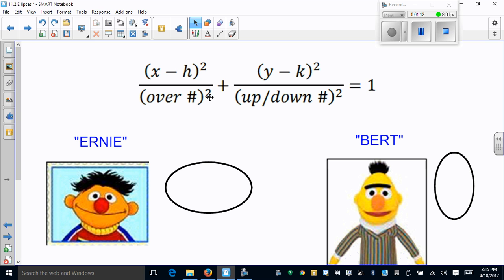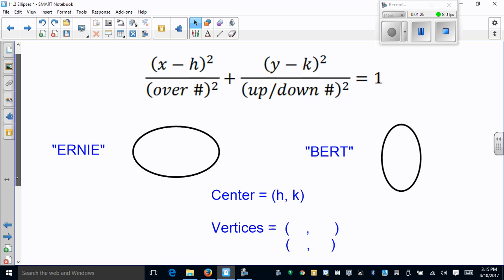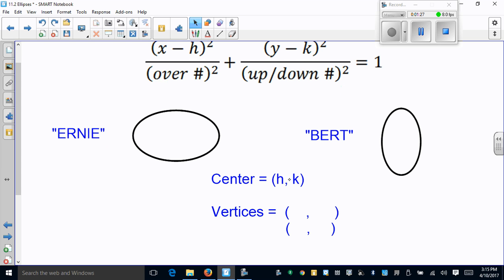Okay, so a few extra things here. Center is H, K. Your vertices depend on if it's a Bert or Ernie.